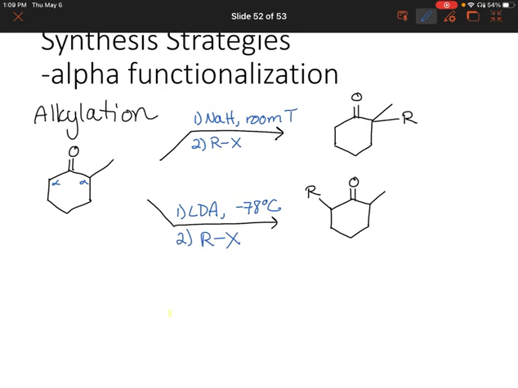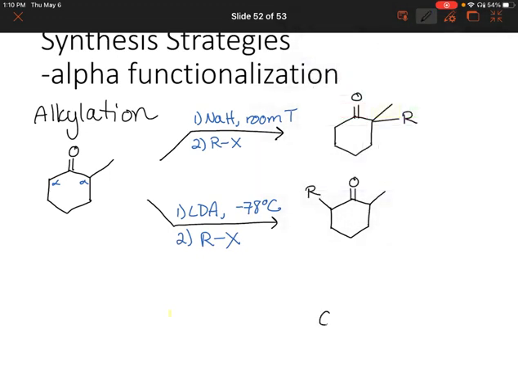Now, what if we want to turn an alkyl halide into a carboxylic acid? So this would technically be another way to add an alkyl group to a carboxylic acid.